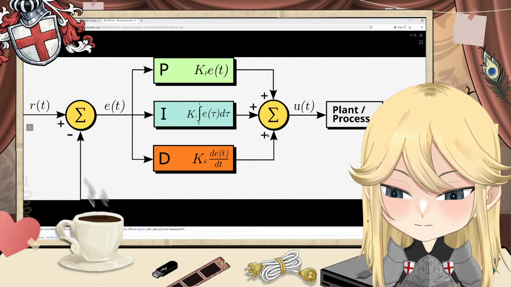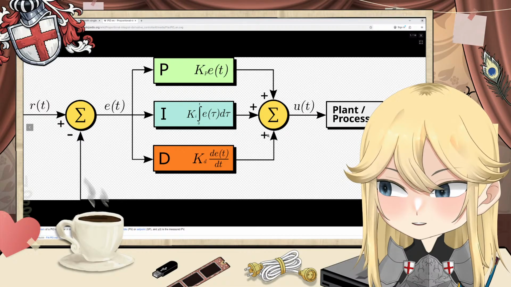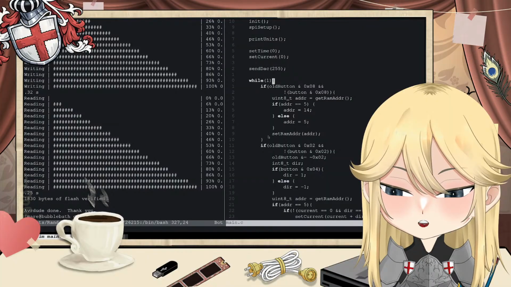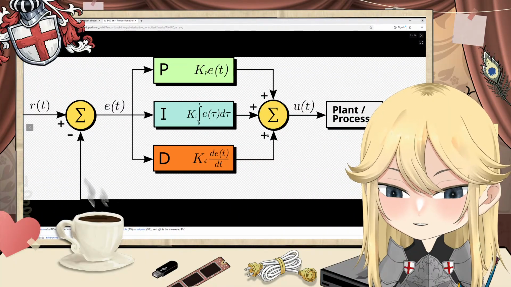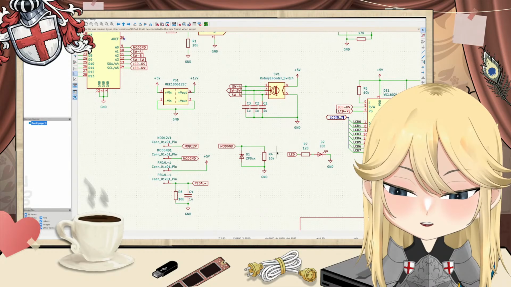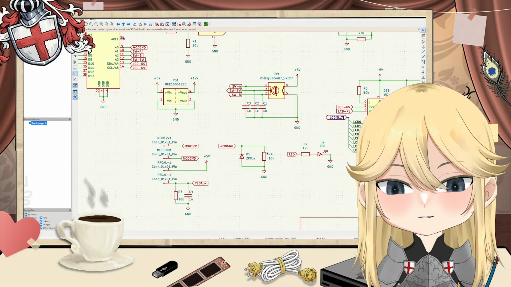Now, how do we actually measure our current? That we do with, there's my schematic, this resistor, 10 kilo ohms.